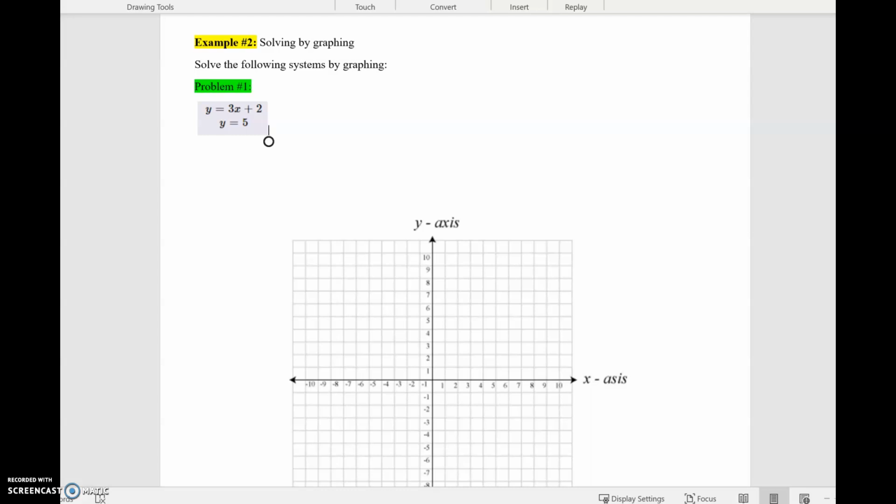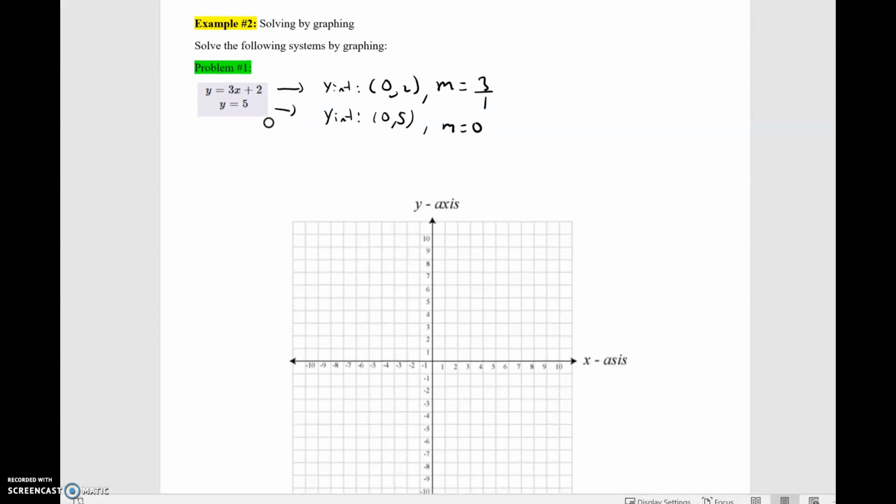For the first equation, notice that your y-intercept is (0, 2) and your slope is equal to 3 over 1. Your second equation has a y-intercept of (0, 5) and a slope of 0, because you're dealing with a horizontal line.